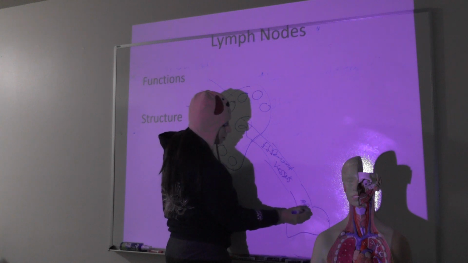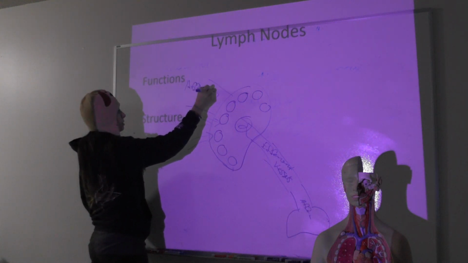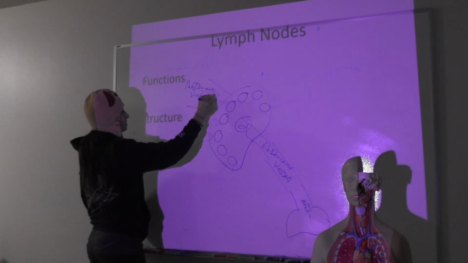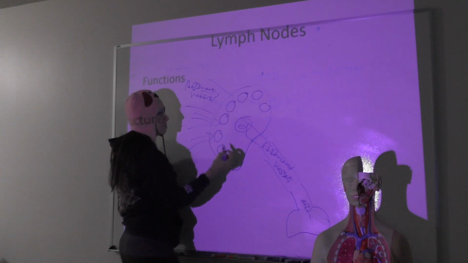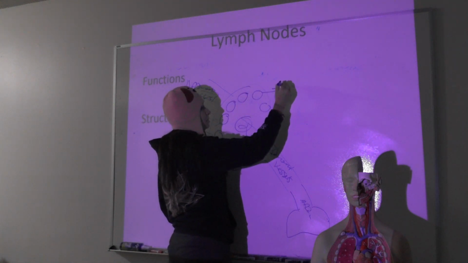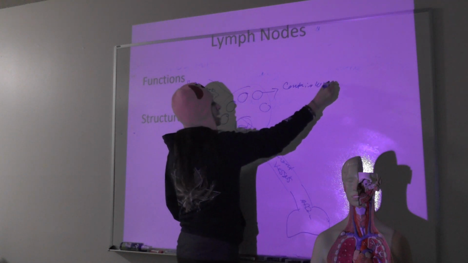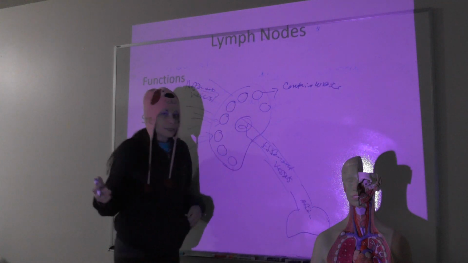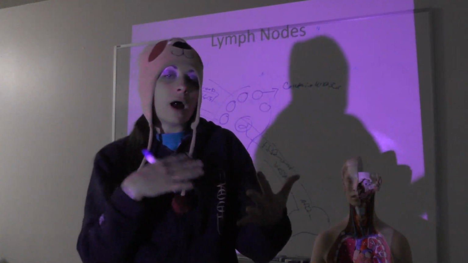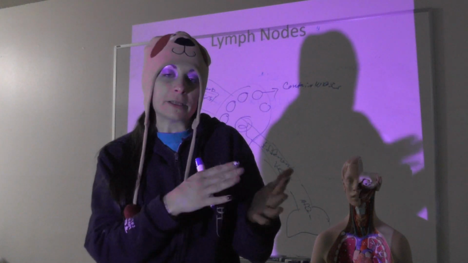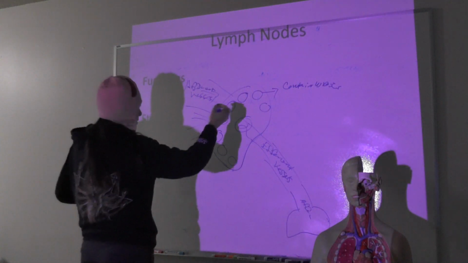And so afferent vessels are going to lead into lymph nodes, which have this structure of having an outer cortex that has germinal centers. These germinal centers contain macrophages that can gobble up any, say, bacteria or anything that might have gotten washed into exudate and then picked up in lymphatic capillaries. So that's kind of their structure.